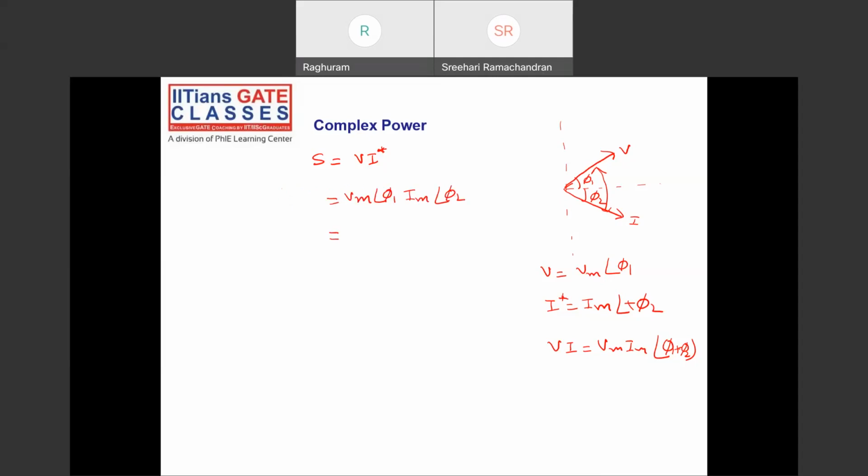This is again for I lagging V, lagging power factor. So Vm Im at an angle phi 1 plus phi 2. If I write this in rectangular form, I will get Vm Im cos(phi 1 plus phi 2) plus j Vm Im sin(phi 1 plus phi 2).